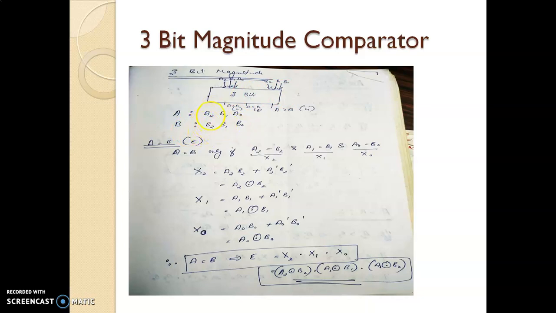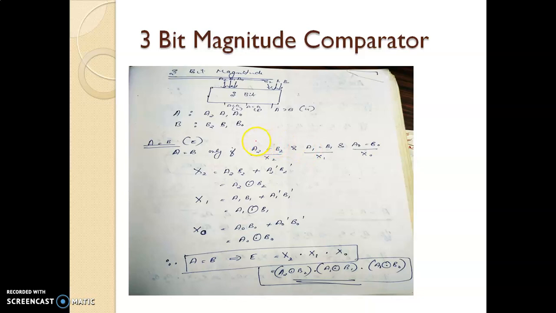Your MSB bit is A2 for A and B2 for B, and the LSB bit is A0 for A and B0 for B. A and B are said to be equal when all the bits are equal: A2 equal to B2, A1 equal to B1 and A0 equal to B0.